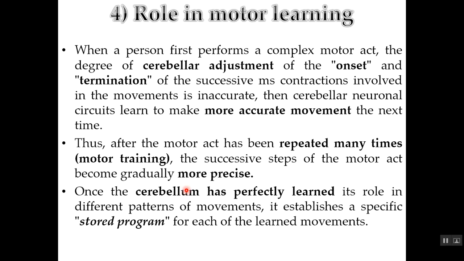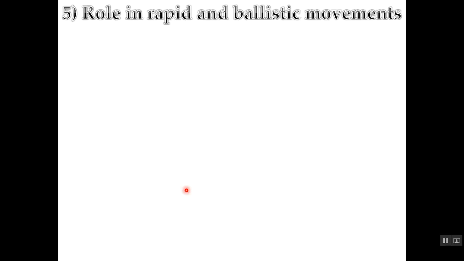If you want to do this movement again, the cerebellum will send the program of the movement directly to the cortex to start initiation of the movement. This is motor learning, or the role of the cerebellum in motor learning.